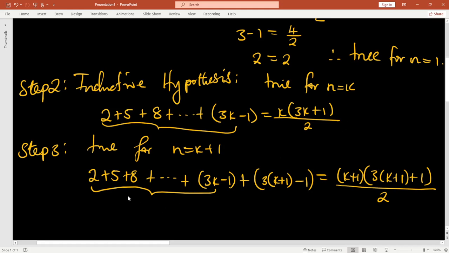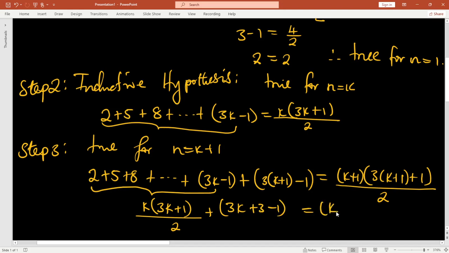So we have k(3k + 1)/2 plus, here now we're going to have 3k + 3 - 1, equal to (k + 1)(3k + 3 + 1)/2.